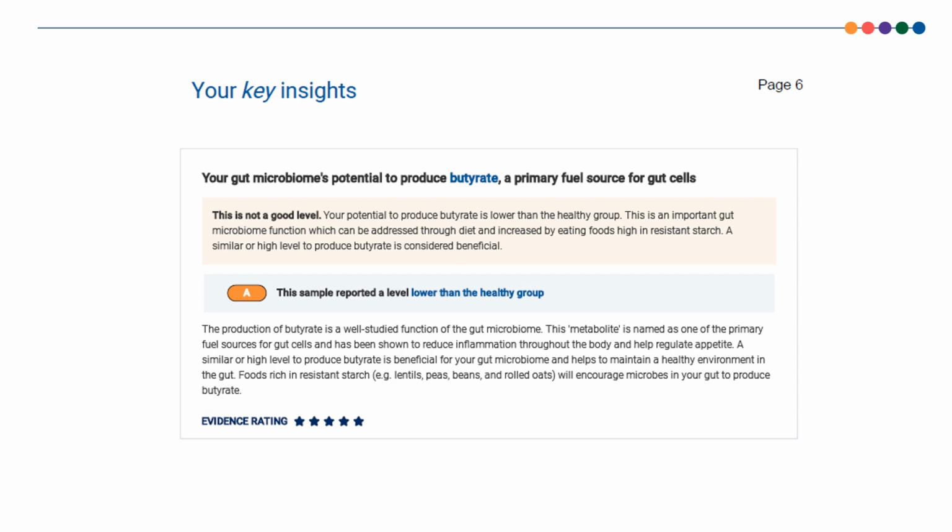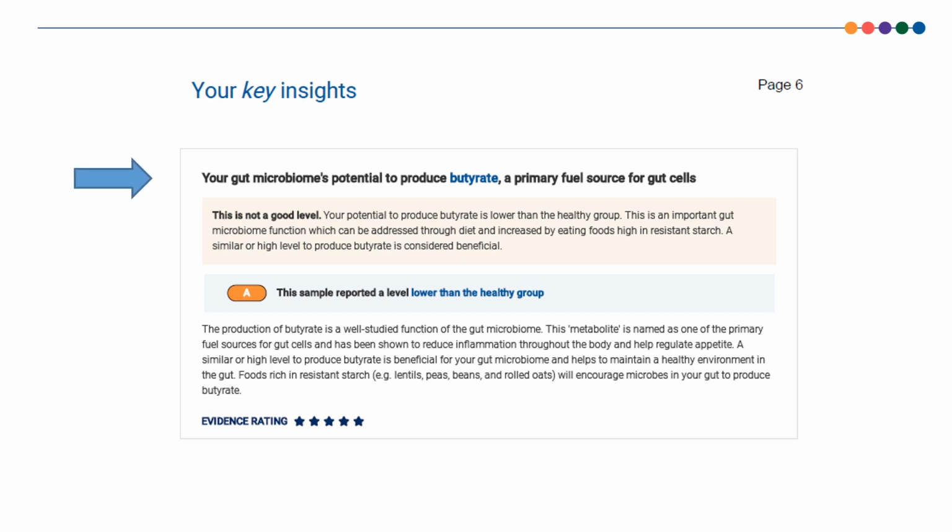The next section is called Your Key Insights and is a high-level description of important metabolites produced by the microbiome. Remember, we are not measuring the metabolites themselves, but rather the microbiome's genetic potential to produce them.